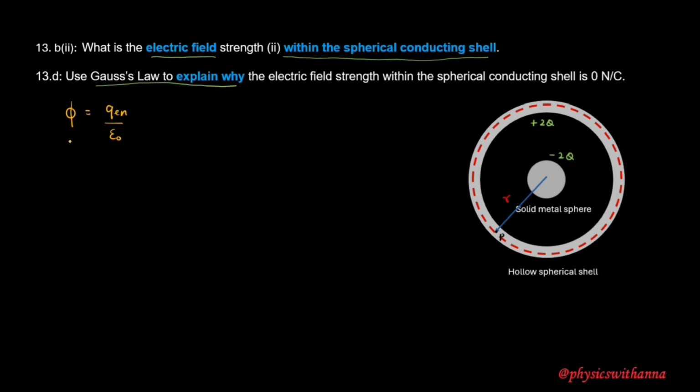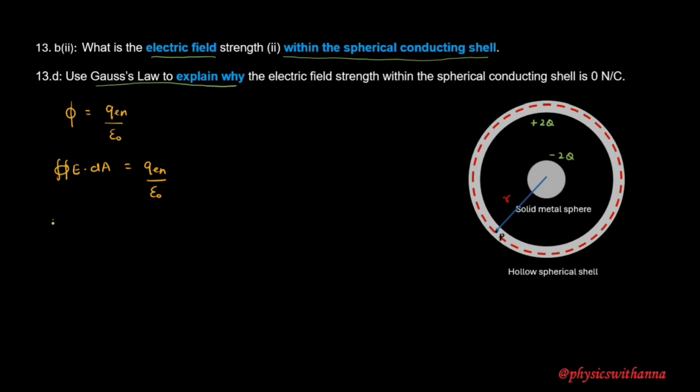And from the definition of flux, we can write this as integral E dot dA equals charge enclosed over epsilon naught. Since we are finding flux through the Gaussian surface, when we take the integral, we are taking integral over the surface area of Gaussian surface.